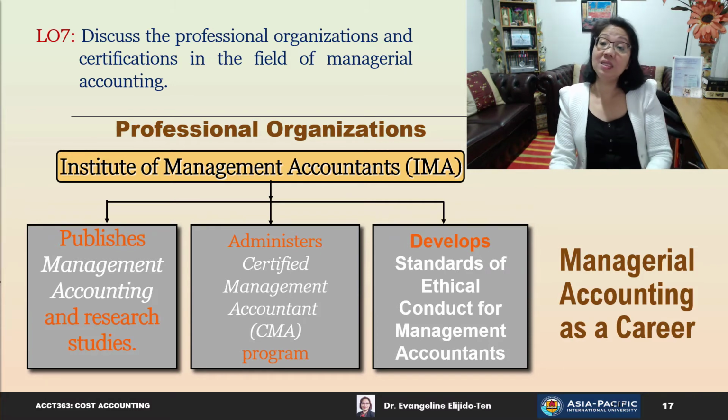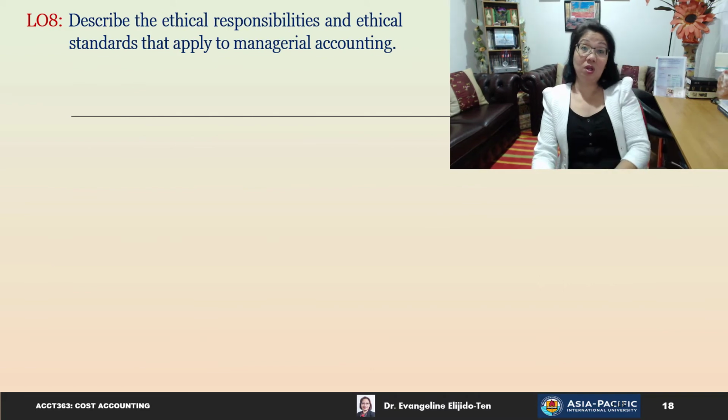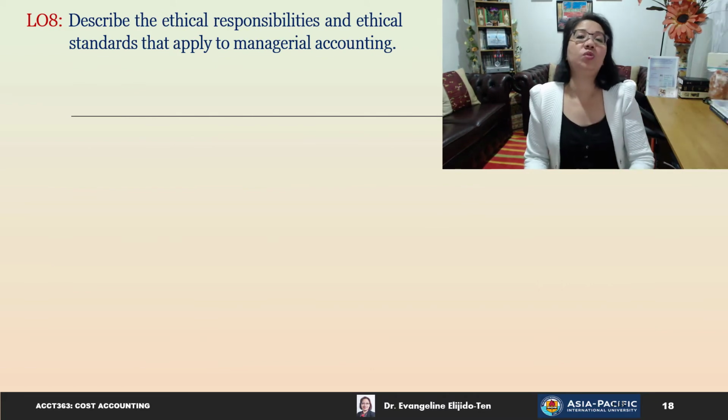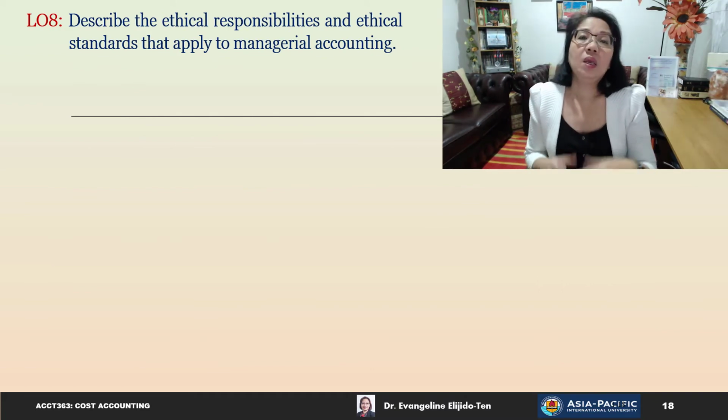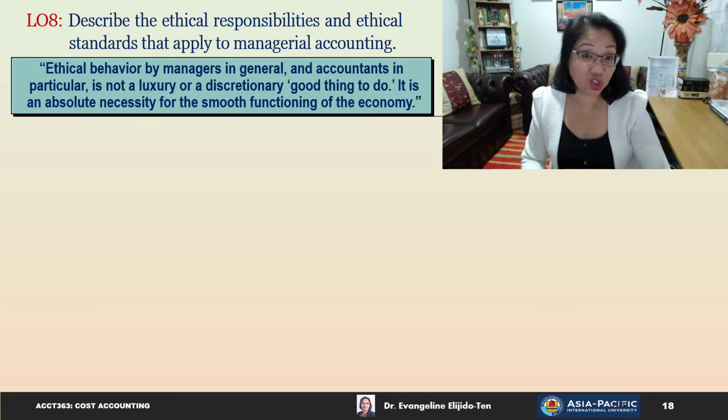All right. And speaking of ethical standards, let's go to learning objective 8, the final objective for topic 1. Here we'll describe the ethical responsibilities and ethical standards that apply to managerial accounting. Ethical behavior by managers in general and accountants in particular is not a luxury or a discretionary good thing to do.